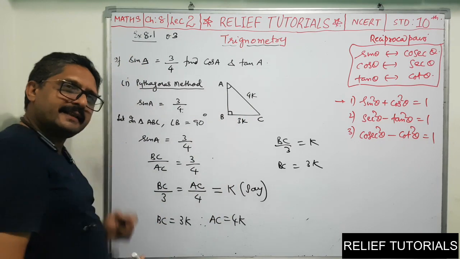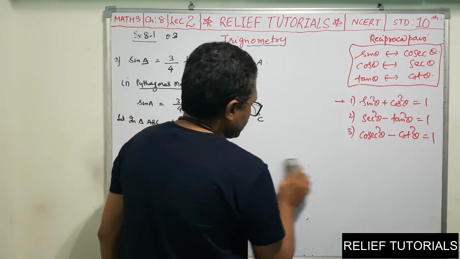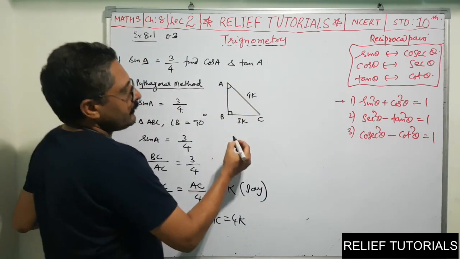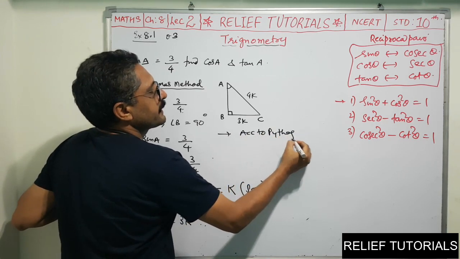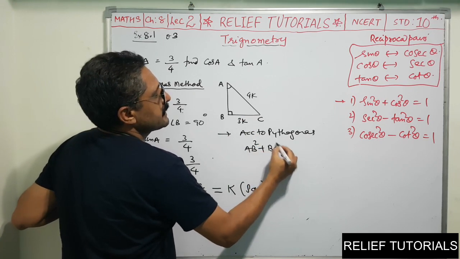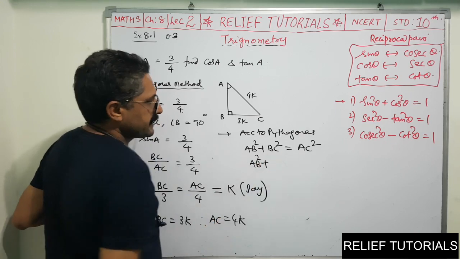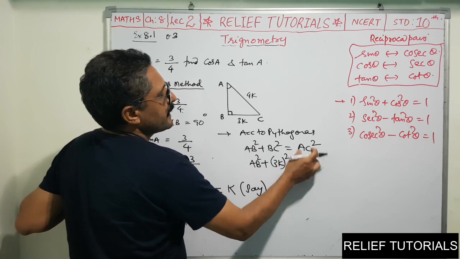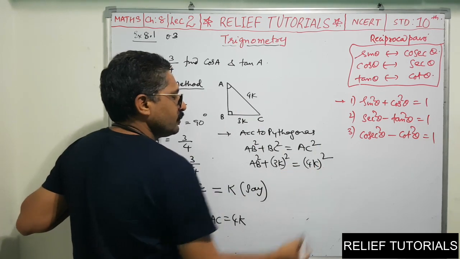Now we can find the remaining third side of the right angle triangle by using Pythagoras. So now, according to Pythagoras, as a result this method is called the Pythagoras method, I can say AB square plus BC square is equal to AC square. Now AB square plus BC is 3k, so I can write 3k the whole square is equal to AC the whole square. AC is 4k, so I can write 4k the whole square.